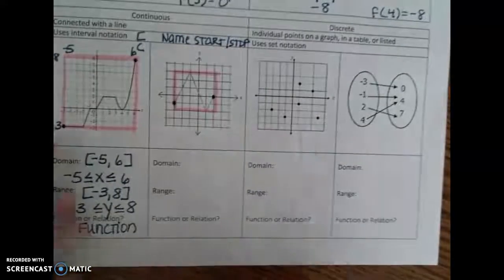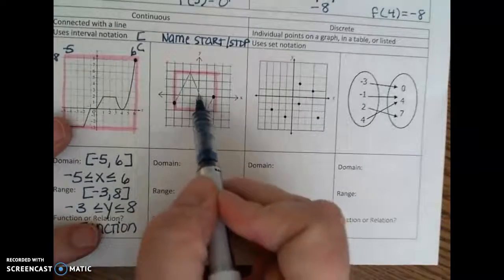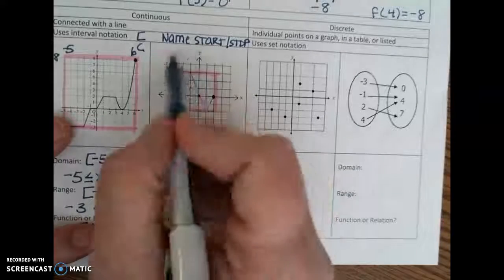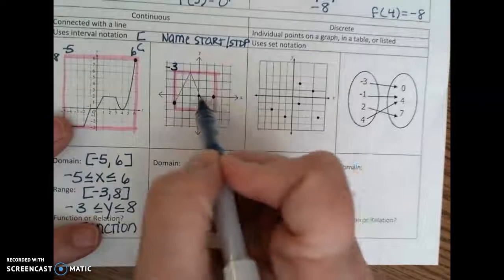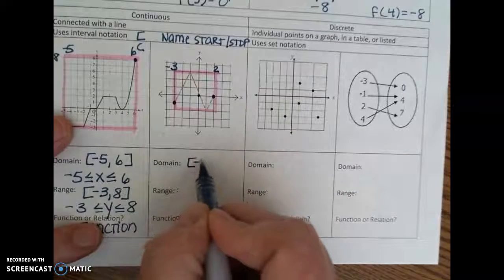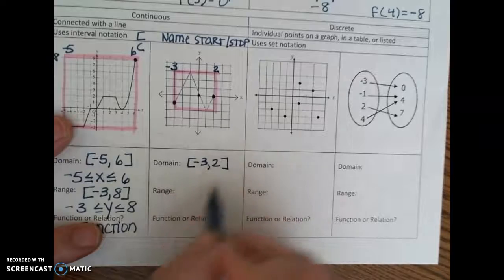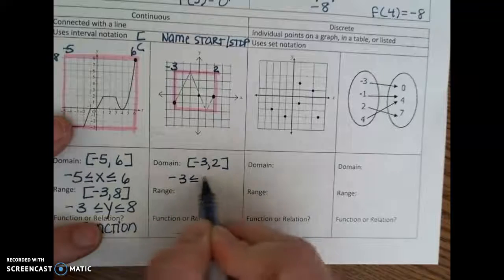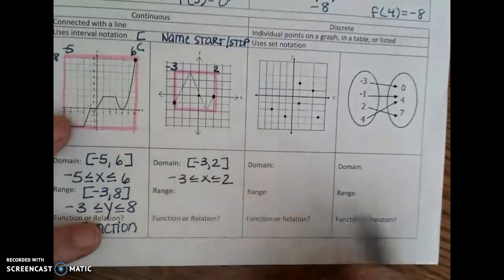So I can see my very left x value, here's my origin, is at -3. My very right x value is at 2, so that's my domain from -3 to 2. As an inequality, it would look like that.